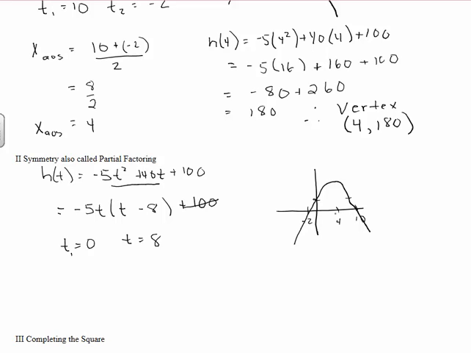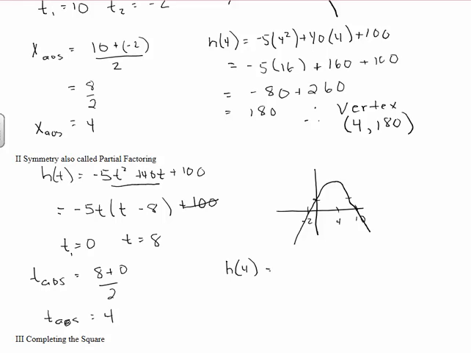As long as I have those 2 symmetrical points, I can still find my axis of symmetry by averaging them and substituting back in to find the y value of the vertex. So now my t axis of symmetry is 8 plus 0 divided by 2, and you can see it's already getting me the same axis of symmetry, which is 4, showing on the graph that the time is 4. Then you substitute back into your original equation and solve for the height.